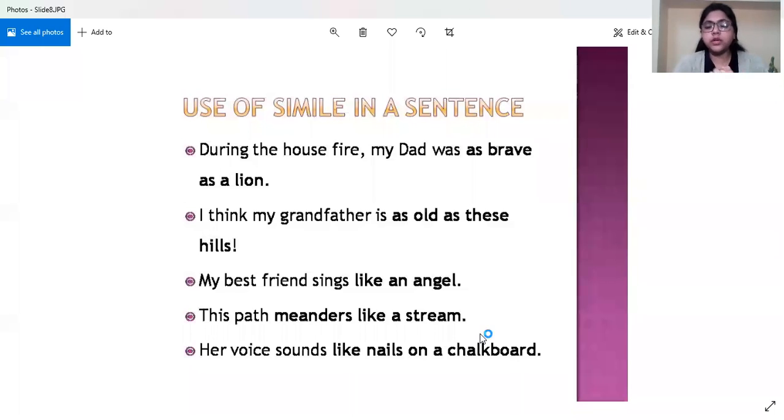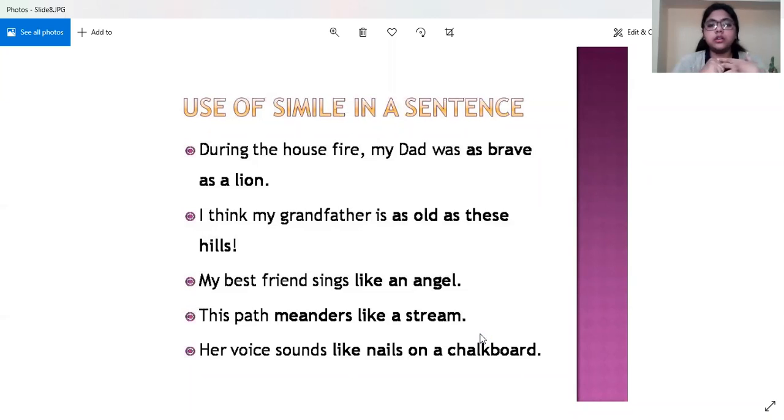So what did we observe? While the simile was used in the sentences, the sentences became more effective. They could express themselves in a better way, and we could understand them better. We could exactly get the quality of the people or things talked about in these sentences.